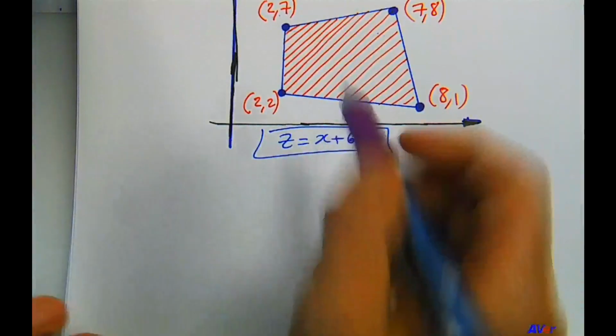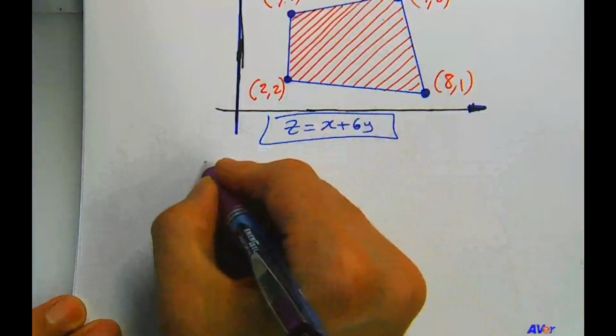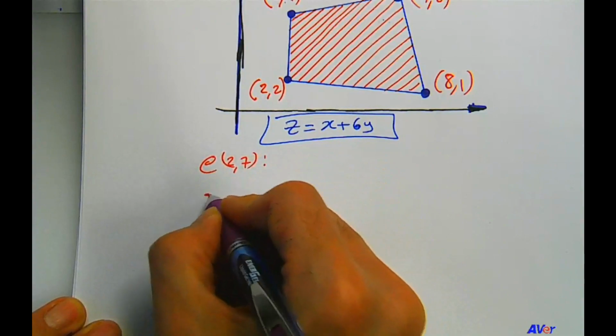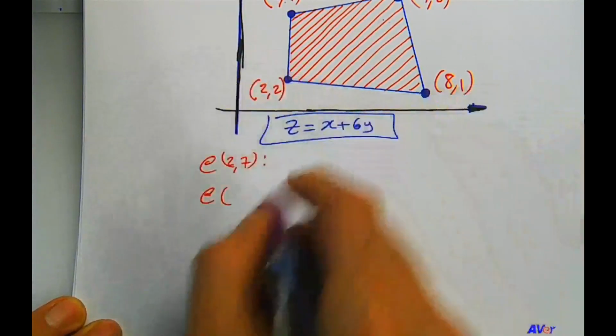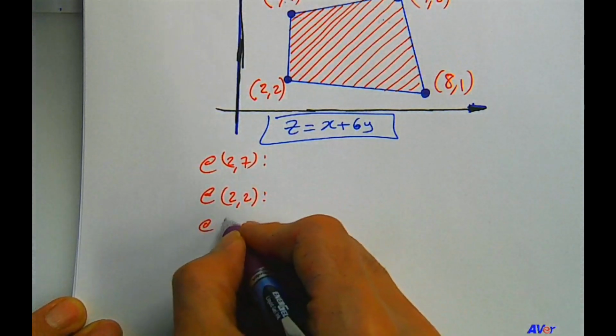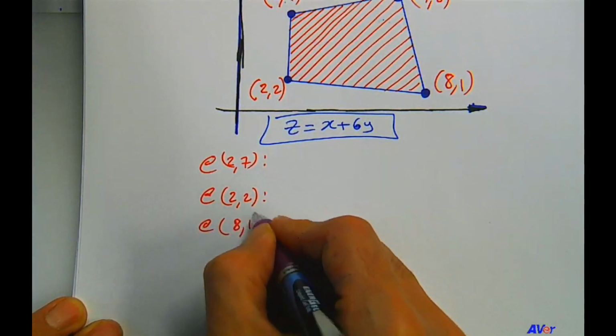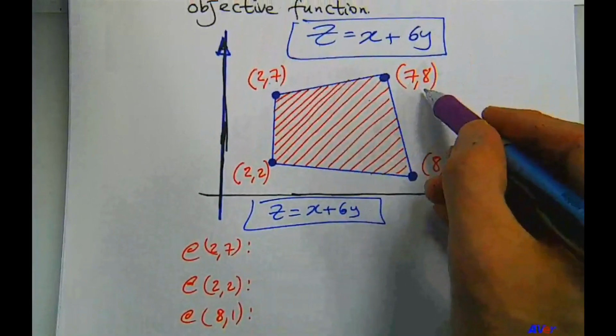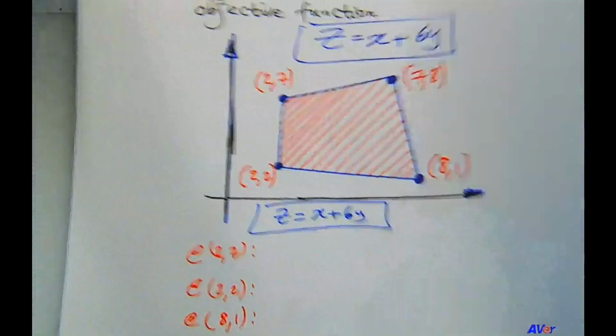And the corner points are 4. So at 2, 7, I'm going to go counterclockwise, 2 comma 2, at 8 comma 1, and finally at 7 comma 8, which is that point.